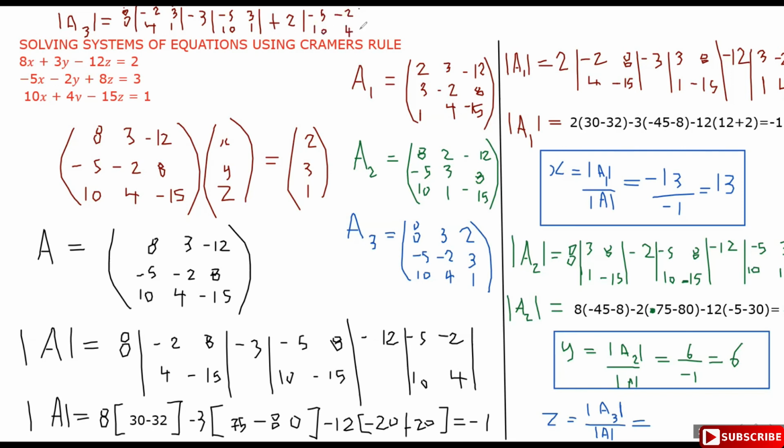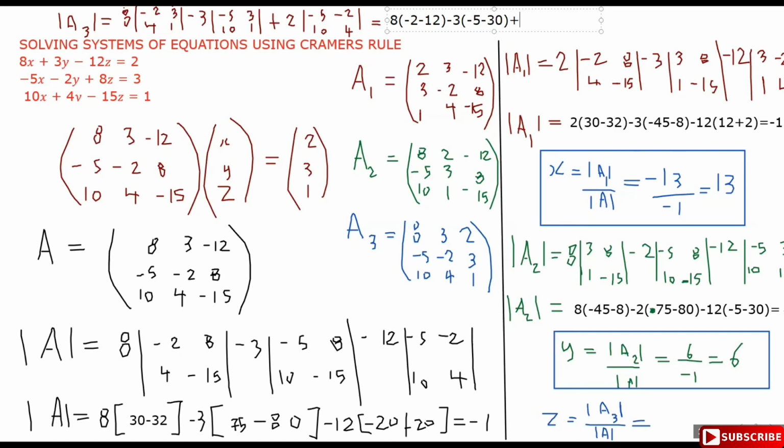We're going to work out what all of this is going to be equal to. Let's work it out right here, putting this in the calculator. We're going to get 8 times in bracket minus 2 minus 12, close that bracket, minus 3 times in bracket minus 5 minus 30, close that bracket.